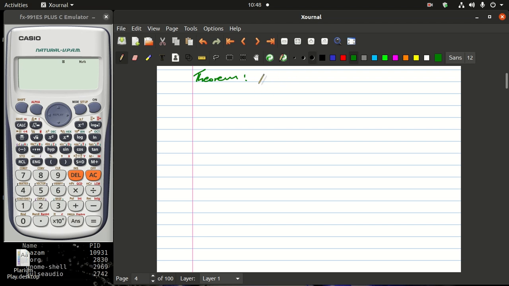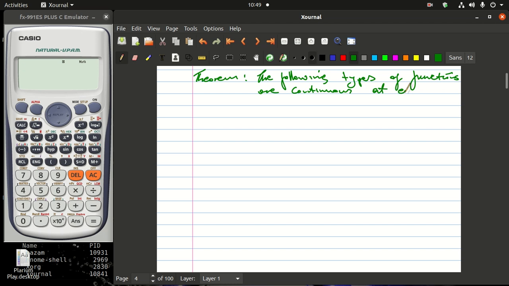So we said that because of that, the following types of functions are continuous at every real number in their domains. They are continuous in every number in their domains.